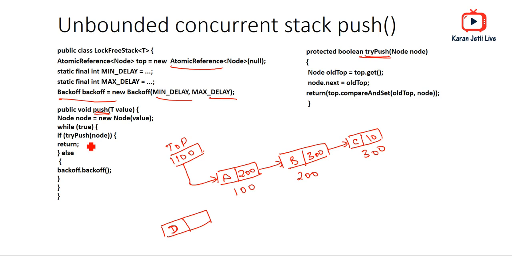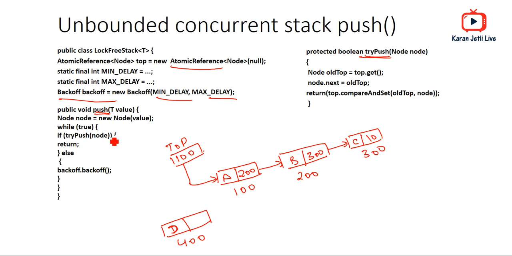So while true, try push. Now suppose the address of this node. As you know, in the linked list every node has an address. The address of this node is 400. So then while true, we keep on running the loop.